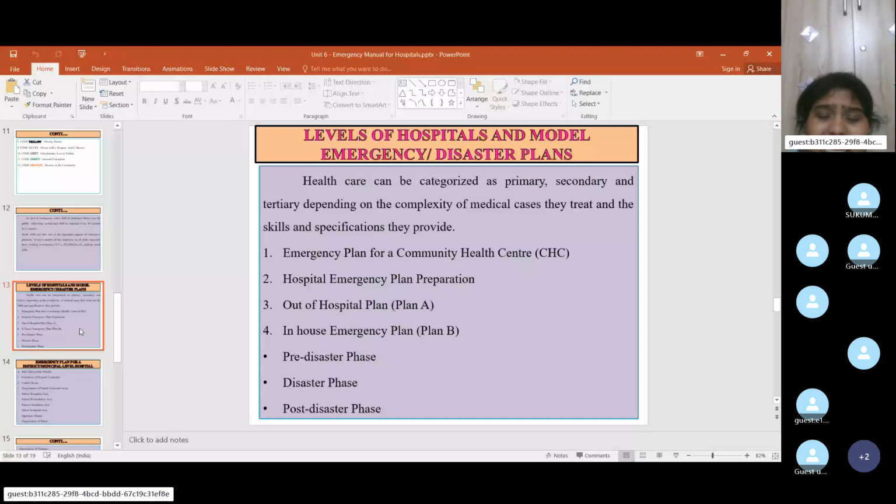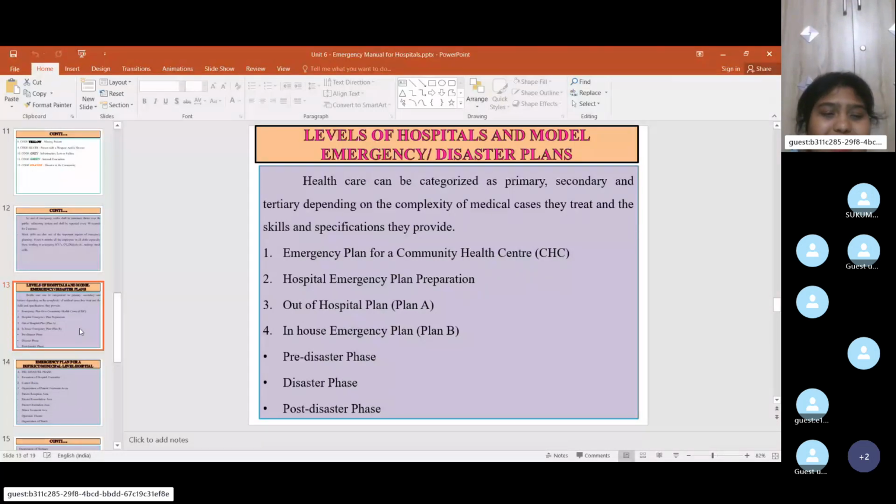If a community health center is running short of amenities, they can refer patients to multi-speciality or super speciality hospitals. Then hospital emergency plan preparation: as we discussed in the previous unit, before a disaster happens, all hospitals should have a manual and an emergency plan beforehand. The out-of-hospital plan is going to the area where the disaster has happened and providing care. The in-house emergency is internal, inside the hospital.